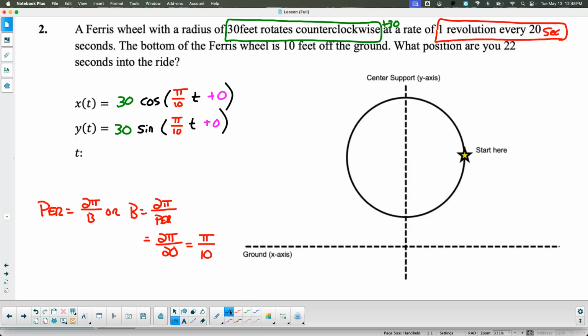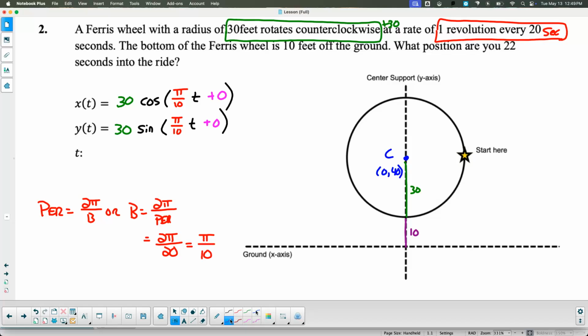Okay? Where is the center of my circle? It's at 0, 40, right? So this center point is at the point 0, 40, because this here is 30, and we also were told that we were 10 feet off the ground.